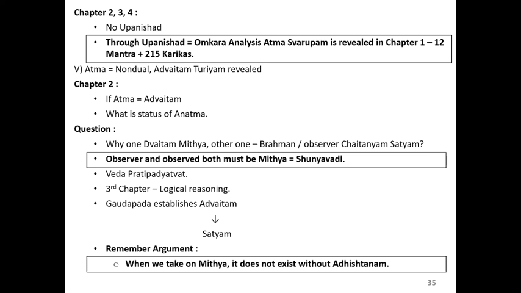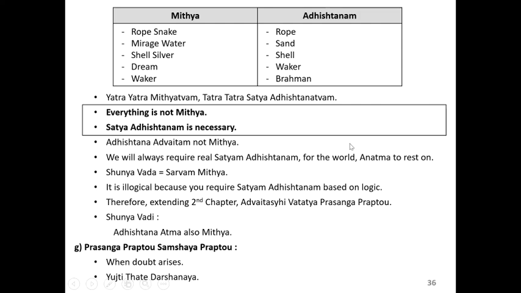What we should understand is this world does not exist at all without that Satya. Without rope, there is no rope snake. Without Brahman or Turiyam, there is no world. That is the power of this teaching. Without that existence, consciousness, blissful entity called Brahman or Turiyam, there is no world.